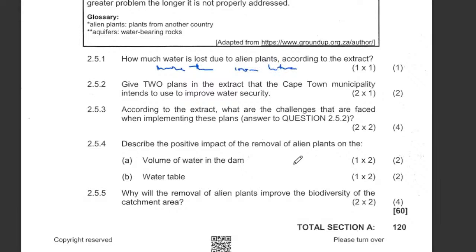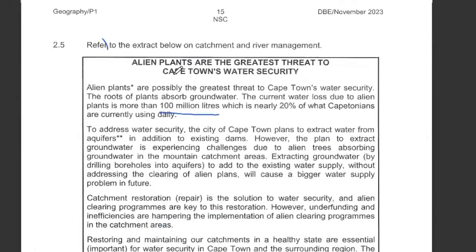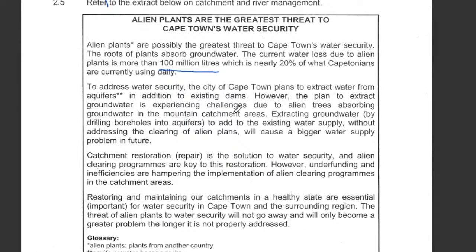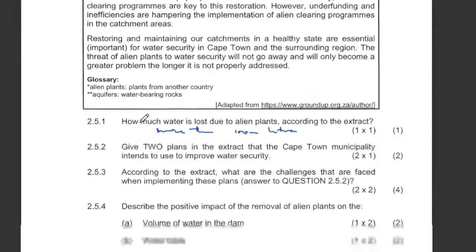Give two plans in the extract that Cape Town municipality intends to use to improve water security. Here it says, to address water security, the city of Cape Town plans to extract water from aquifers. That is number one.